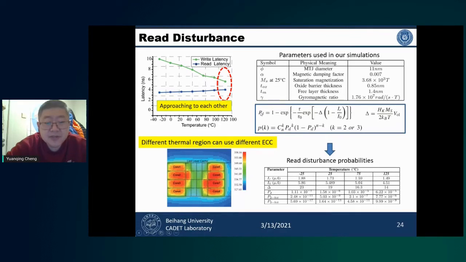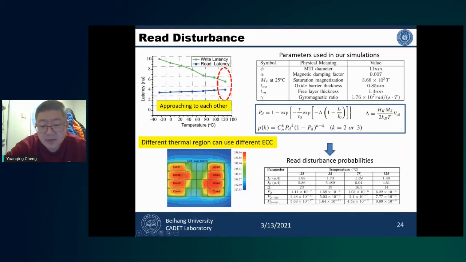And through probability theory, we can derive the bit error rate in our STT-MRAM chip. For example, we calculate the read disturbance probabilities at different temperatures. And we also calculate the 2-bit error probability and the 3-bit error probability.